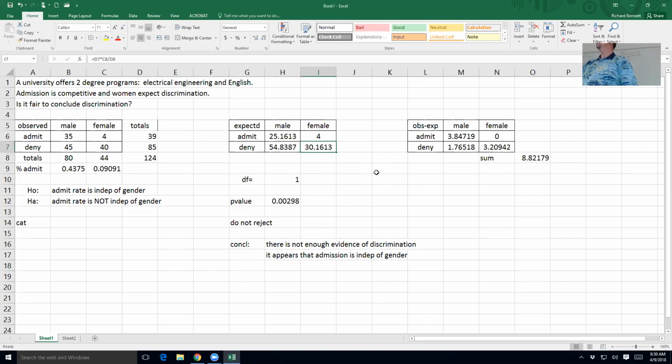Okay? Now, the problem is, the independence test is usually used when you have more than 2 proportions, so 3 or more. But if you do exactly 2, you should get the same p-value whether you do a 2 proportion test or you do an independence test. So we can demonstrate that tomorrow if you want. If it's more than 2, then it'll definitely be a chi-squared independence test. But with 2, you could do it either way.